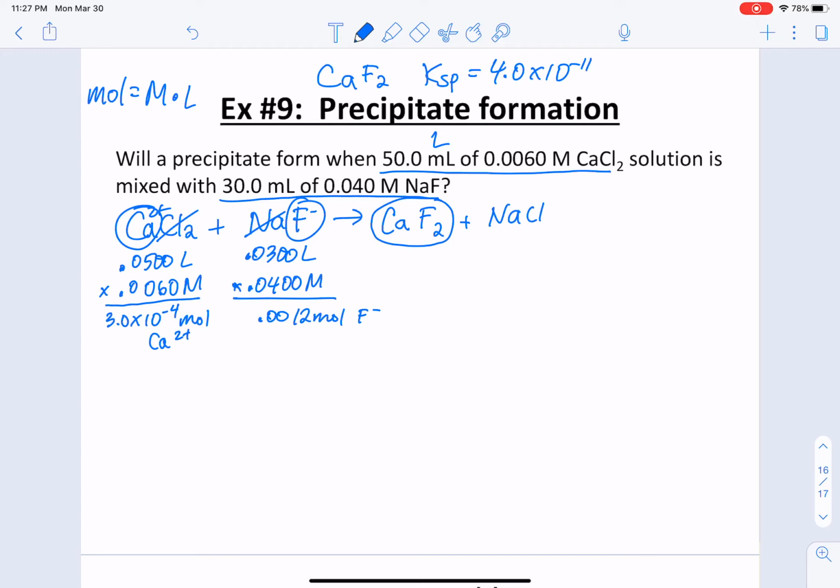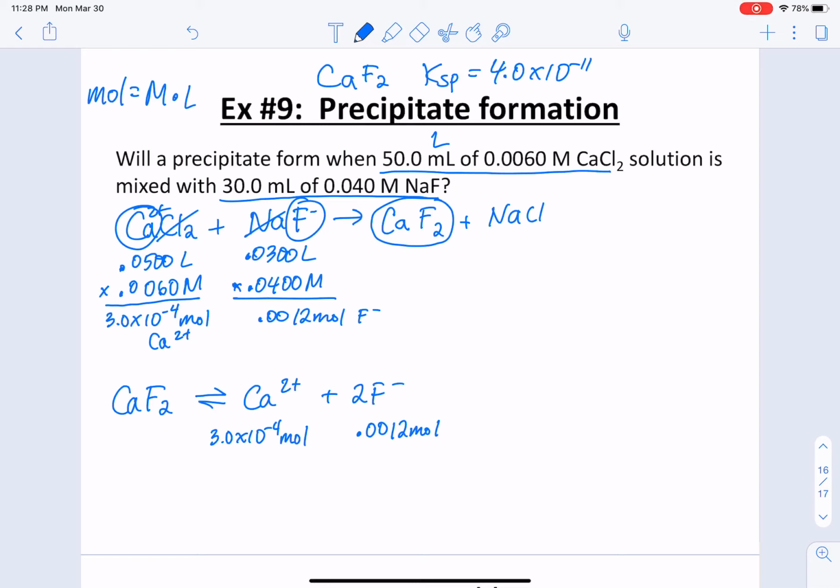So here's what we know so far. We know that calcium fluoride is the one that we are thinking could be a precipitate. At this point, we know that the number of moles of calcium is 3 times 10 to the negative 4. The number of moles of fluoride present is 0.0012 moles.